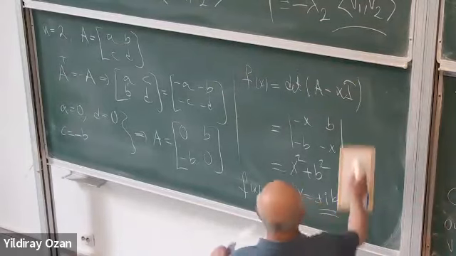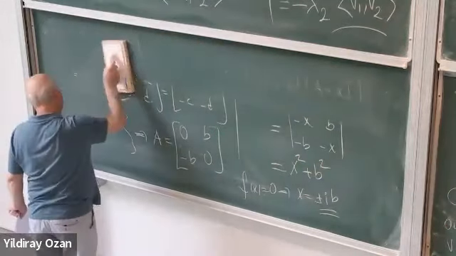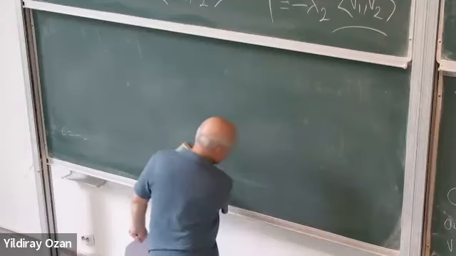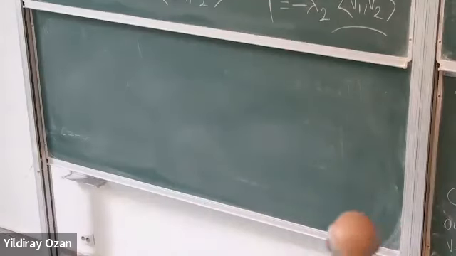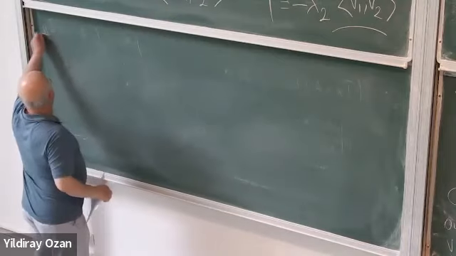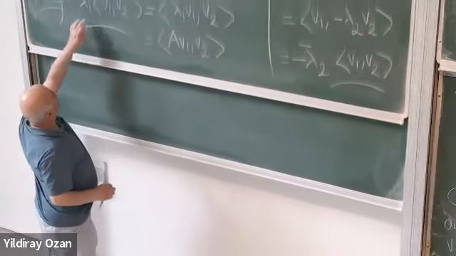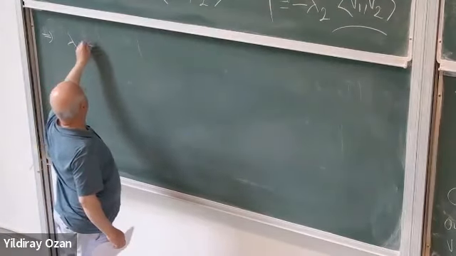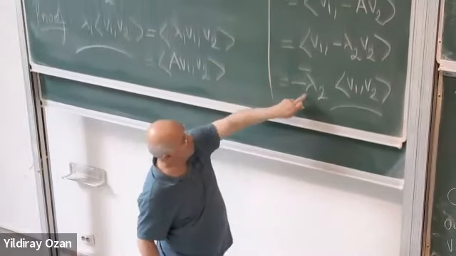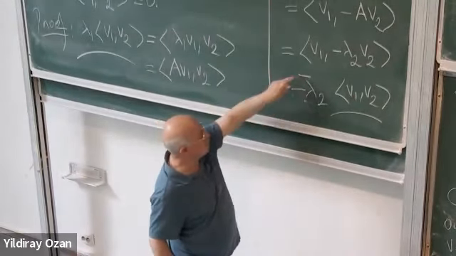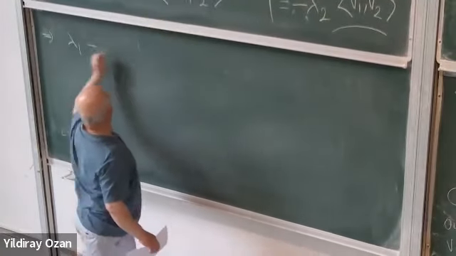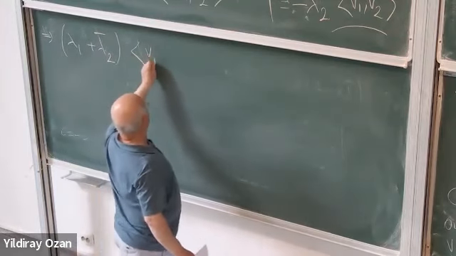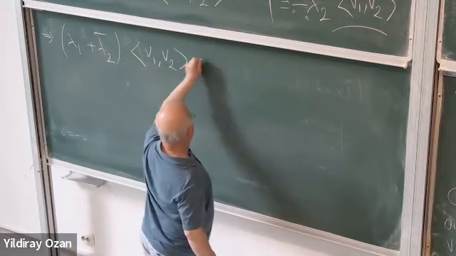Let's collect everything on one side and see what we get. So lambda 1 times this plus, this goes to the other side as plus lambda 2 bar, times V1, V2 is equal to 0.